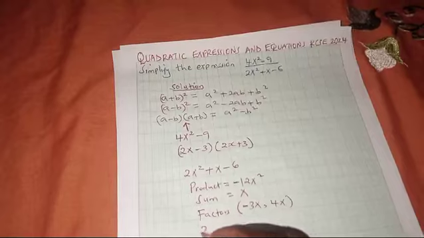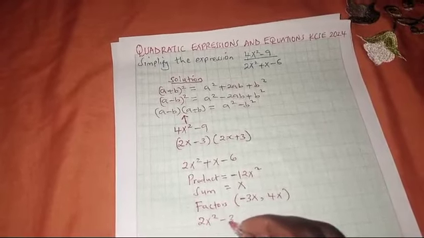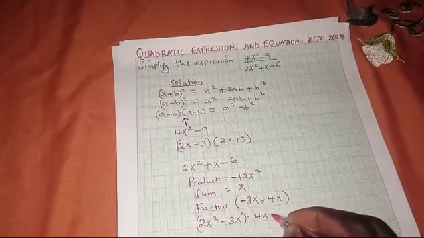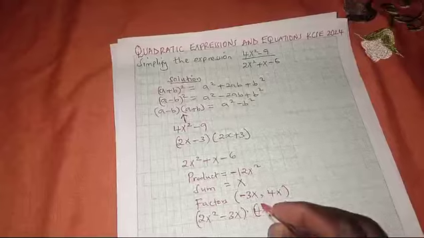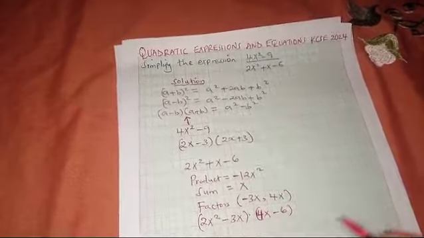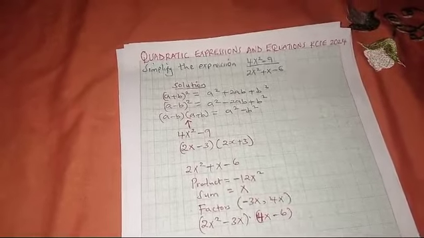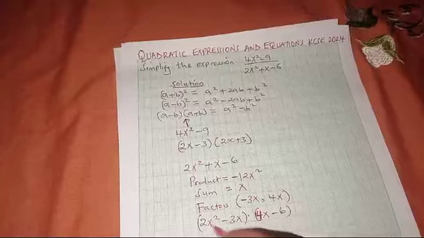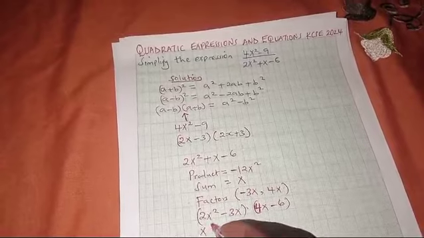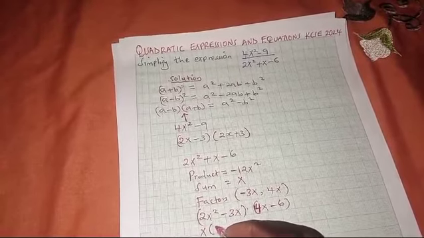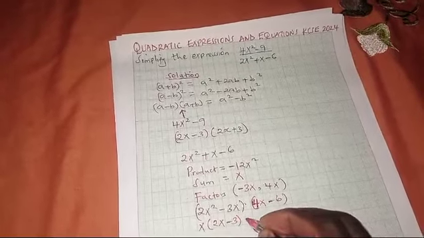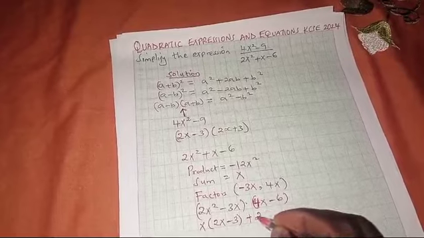Let us proceed: 2x squared minus 3x, then plus 4x minus 6. Let us get the common factor in the first bracket, as well as the common factor in the second bracket. The common factor here is x. We factor out x, then open the bracket, 2x minus 3. The common factor here is in fact 2.